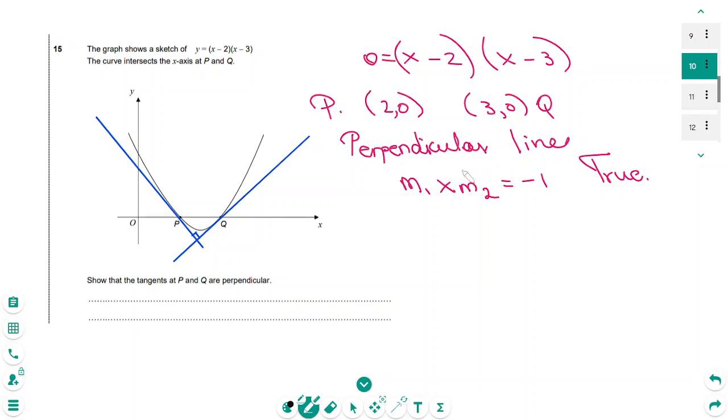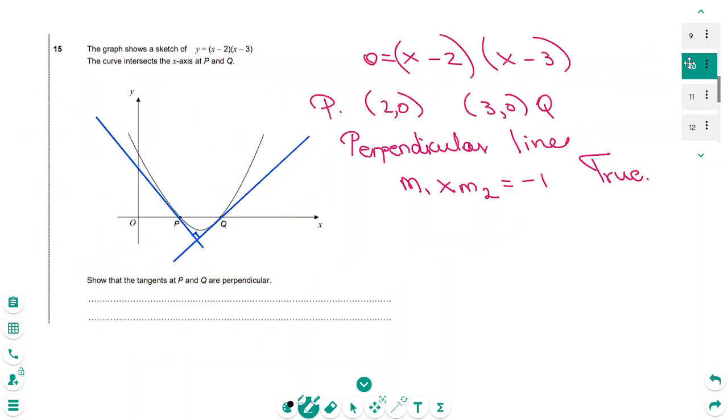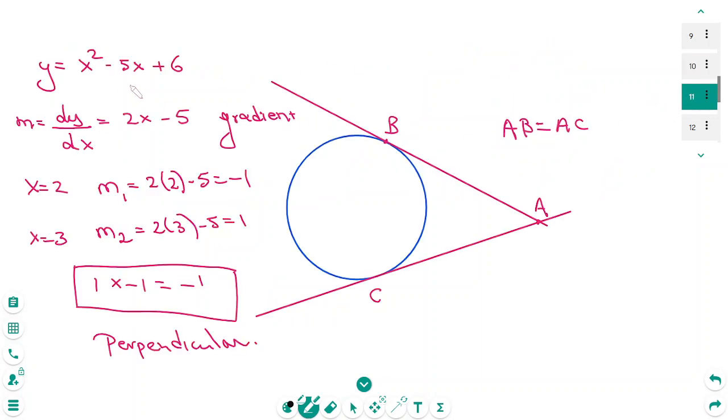One way to do this is to find the gradient of the function at the points P and Q. One way to find the gradient is by differentiation. If you apply differentiation, you see I expanded the brackets, x minus 2 times x minus 3, and I have a quadratic.